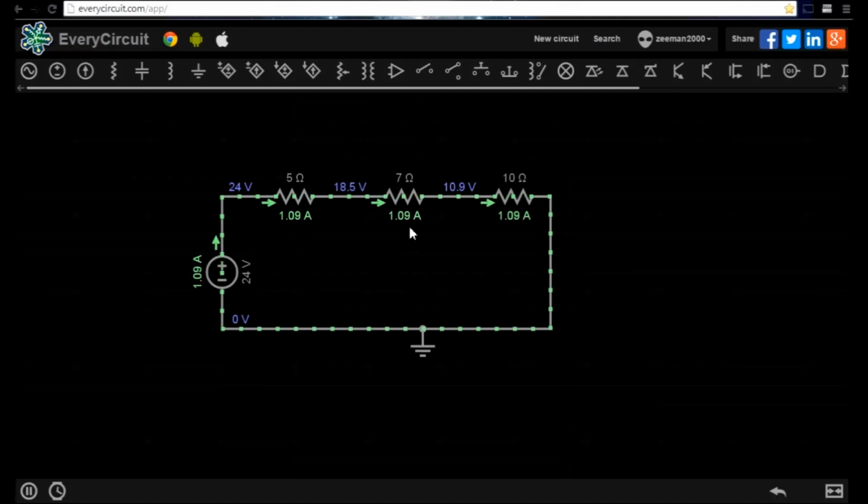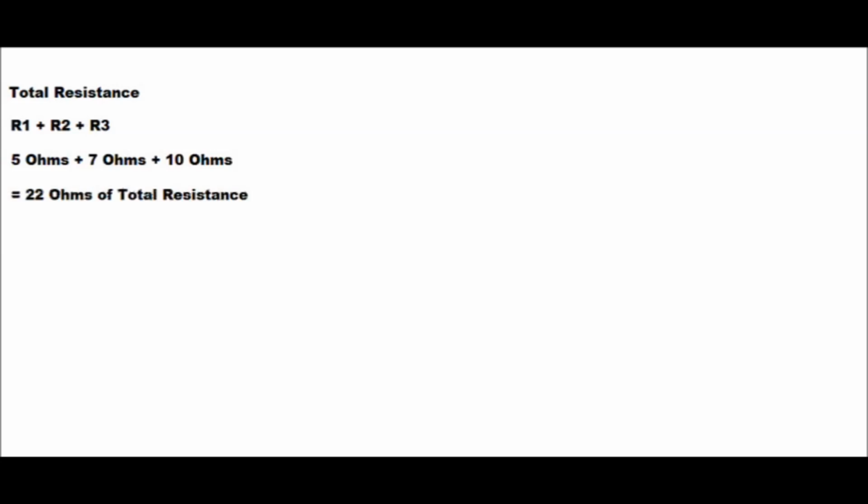Let's look at the equation we use to calculate the total resistance on this circuit. To calculate the total resistance, we simply add the resistor values together. 5 ohms plus 7 ohms plus 10 ohms gives us a total resistance of 22 ohms.